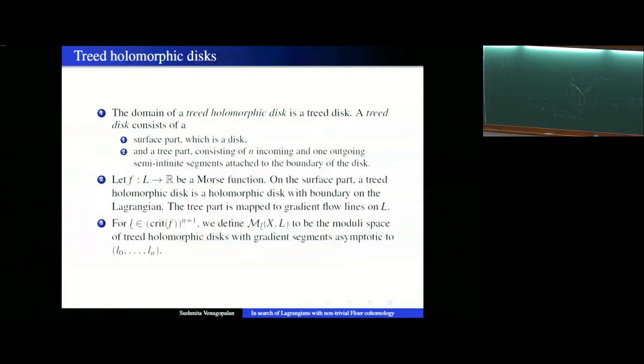And I consider maps from tree disks. So this is the tree part into X comma L. Let's call this map U. So on the surface part, it's a holomorphic map.